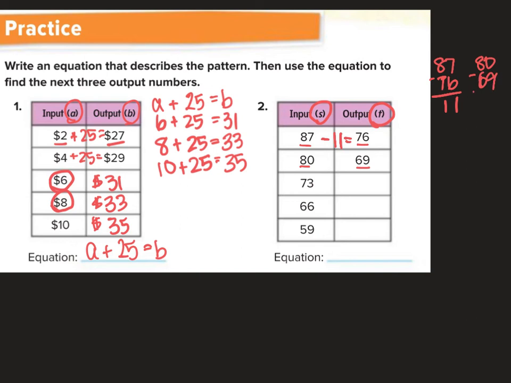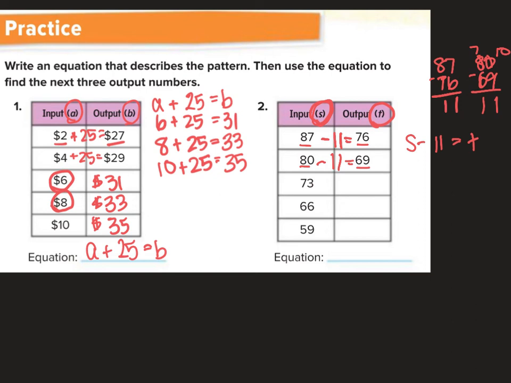Okay, I can't do 0 minus 9. So I have to ungroup. 10 minus 9 is 1. 7 minus 6 is 1. So again, we subtracted 11. Okay, so that's our rule, subtract 11. So our equation is going to be my input S minus 11 is going to give me my output T.